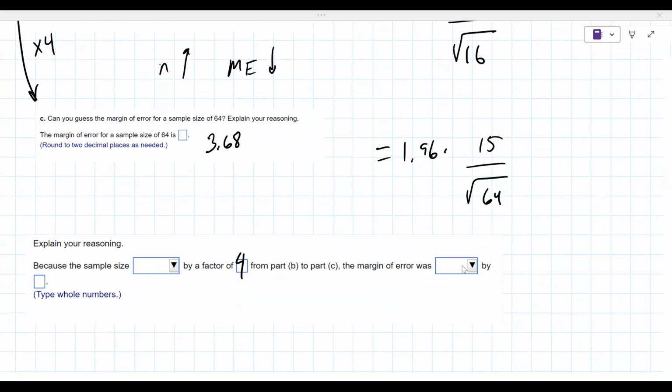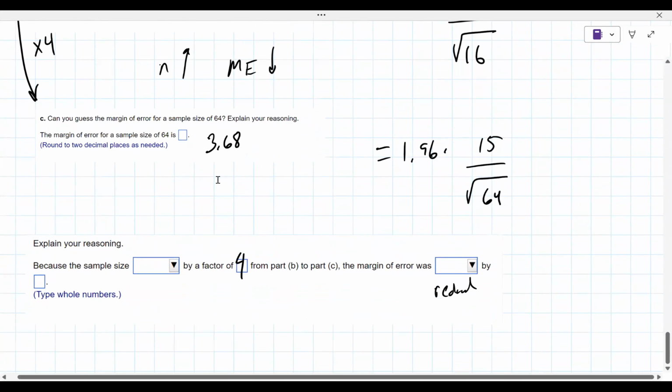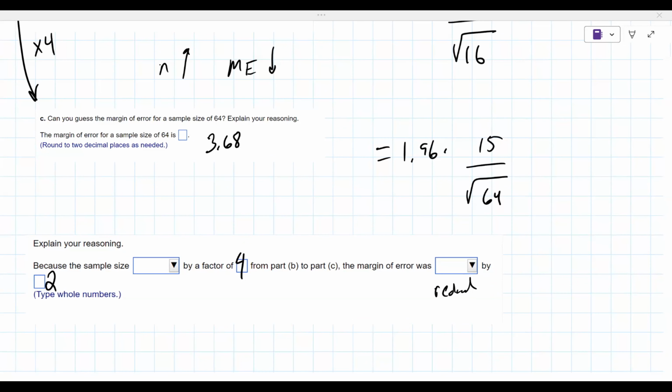But what happened to the margin of error? Well, it was reduced by, well, how much? Well, it looks like it was reduced by 2. Sorry, they have divided by, and we'll say, there we go. Okay, they say it's divided instead of reduced.